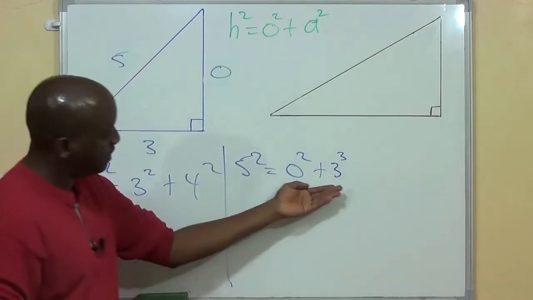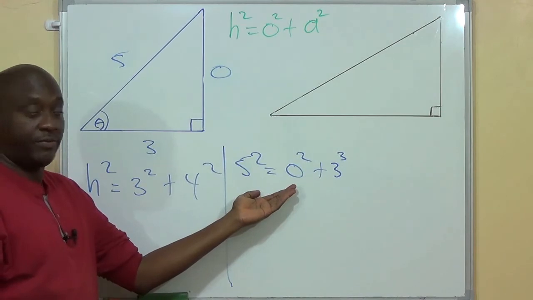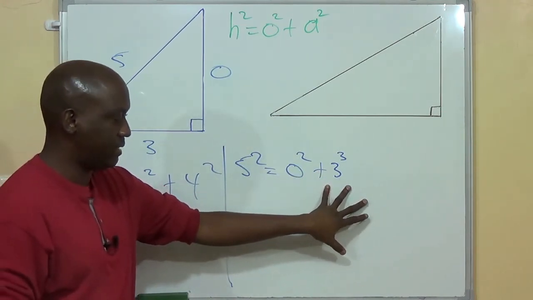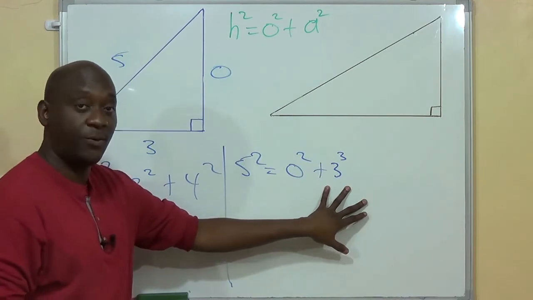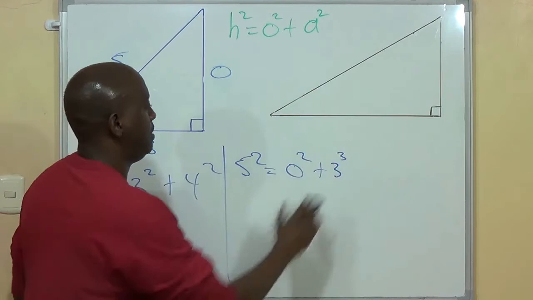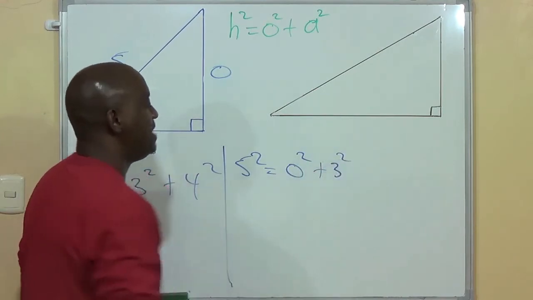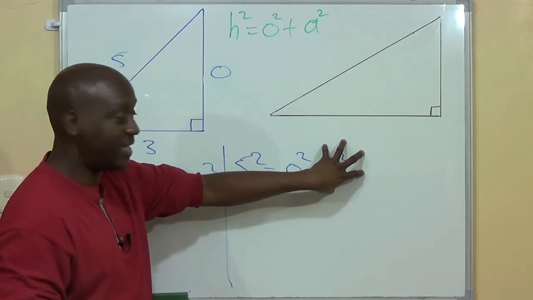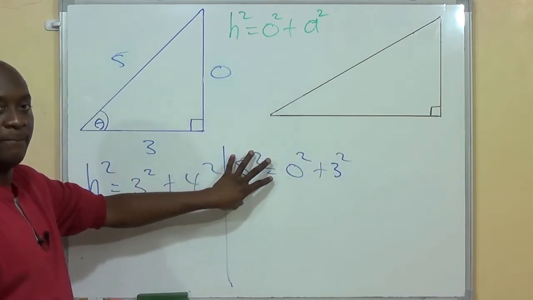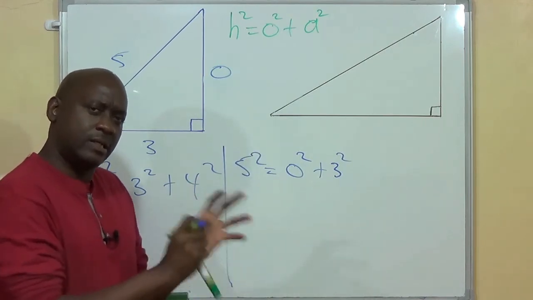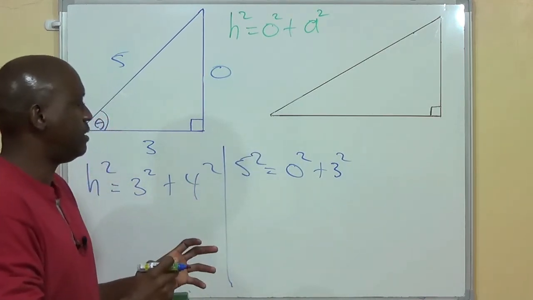But over here, it is not as straightforward, because you have 25 is equal to o squared plus 9. To find o, you have to isolate o on one side, which means you have to take the 9 from this side of the equal sign and bring it across here. And that is where you get a little problem.